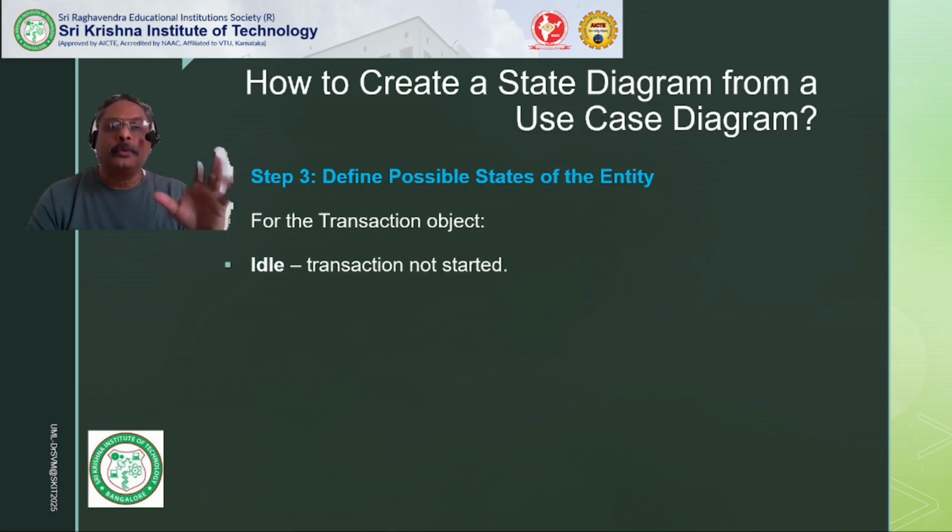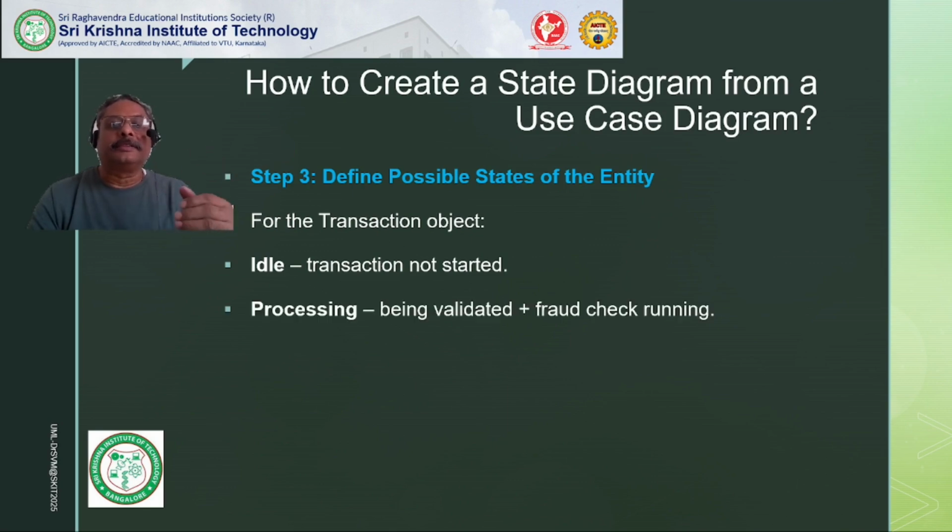Once some transaction takes place it starts processing, verifying the validity of the transaction, then checking whether there is any fraud, so it tries to detect fraud in that and tries to validate the transaction.